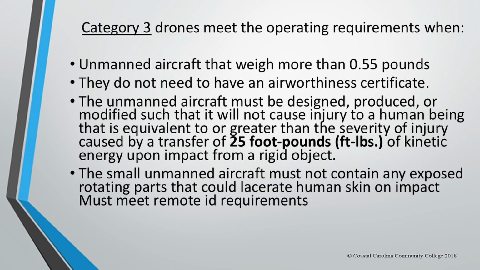The unmanned aircraft must be designed, produced, or modified such that it will not cause injury to a human being that is equivalent or greater than the severity of injury caused by a transfer of 25 foot-pounds of kinetic energy upon impact with a rigid object. Once again, no exposed parts. Remember, 2 is 11 foot-pounds, 3 is 25 foot-pounds.